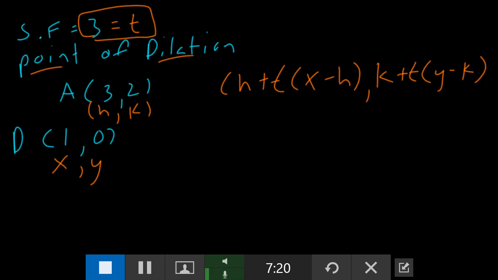Okay, so let's plug in all the things we know. Our h value from our point of dilation is 3, plus our t value, our scale factor, which is still 3, parentheses, but here's where it changes. Our x value is 1, minus, of course, our h value. And notice, guys, there's an h at the beginning and the end, so it's kind of easy. Once you get that, you can kind of copy it down. And here our k value is kind of the same thing.